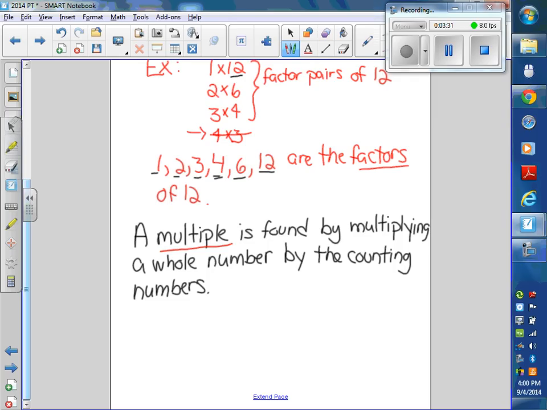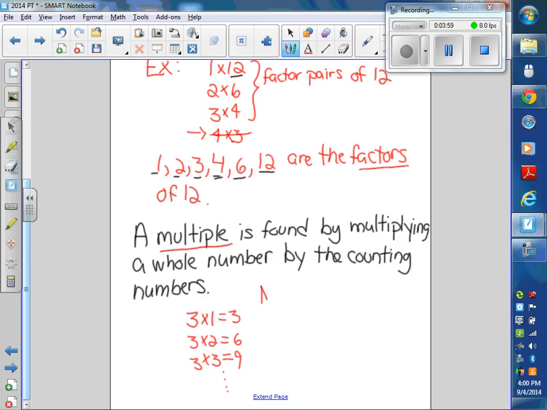For example, if I wanted to find the multiples of 3, it's like skip counting. 3 times 1 is 3. 3 times 2 is 6. 3 times 3 is 9. So the pattern continues forever.